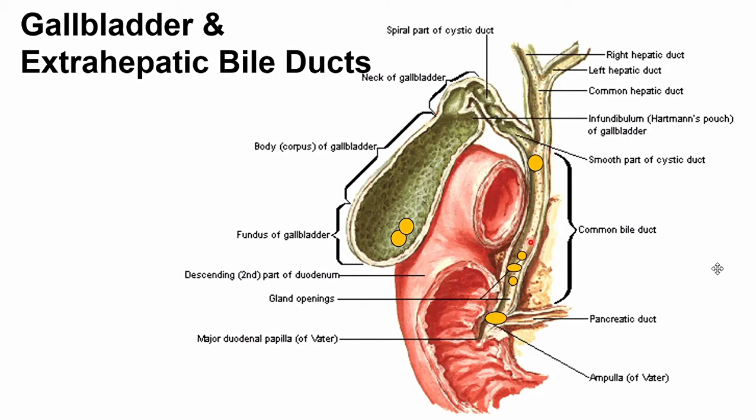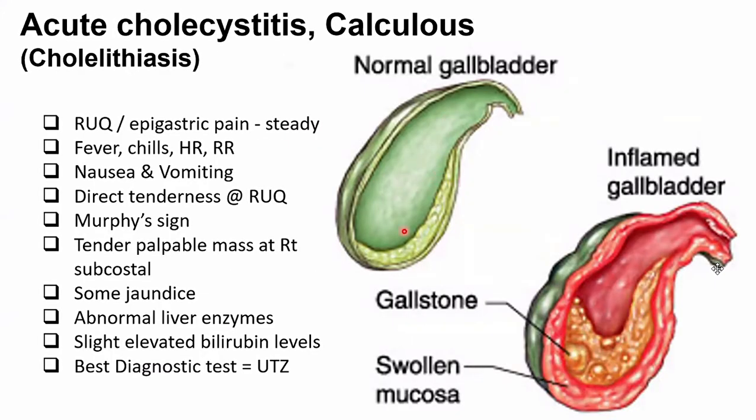Anyway, let's go first to the gallstone. Normally it's thin, no? But if there are stones, the stone will irritate the wall of the gallbladder. Once it is irritated, it will be inflamed. Once inflamed, the whole wall will be somehow infected.